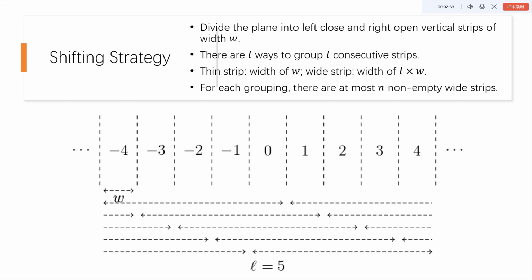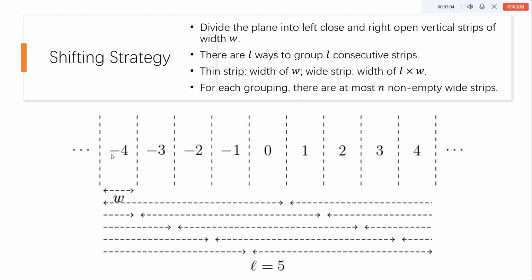An important method to solve the classic unit disk or square cover problem is called the shifting strategy. The method requires dividing the plane into vertical strips, each of width W. We group every L consecutive strips into a wide one. Let's take L equals 5, for example.